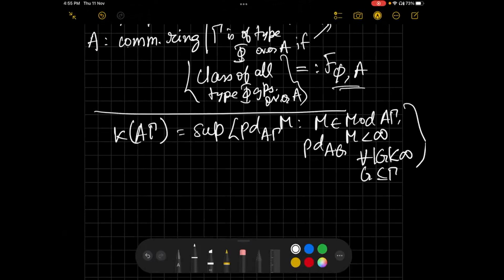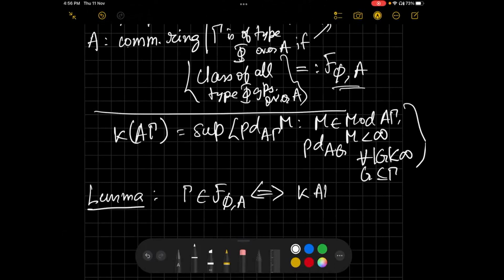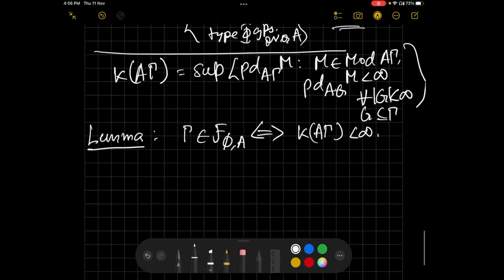It turns out, and this is actually not that difficult to show, that a group is of type phi if and only if this invariant is finite. It's not that difficult to show, but you do need A to have finite global dimension here. I would not be comfortable calling it my result, but I did prove it. As I said, it's not very difficult to show.